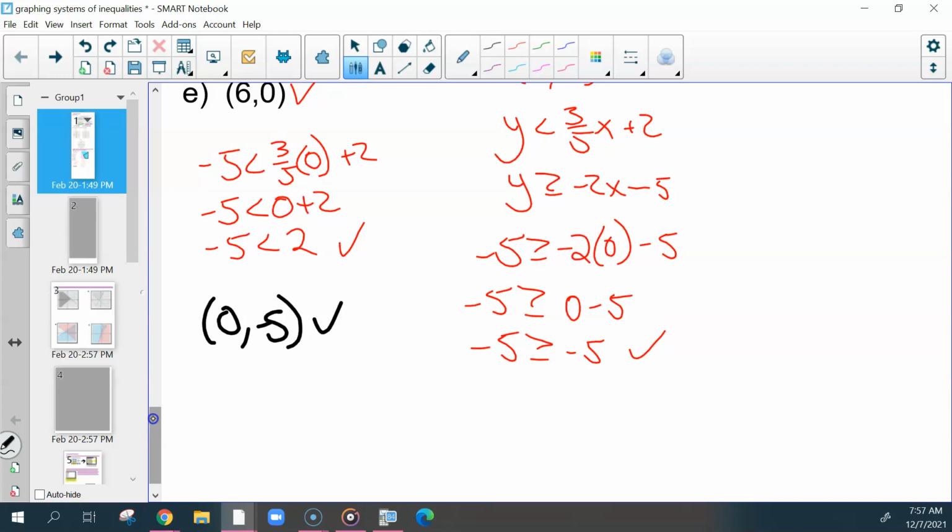So just always check it. If you have two solid lines, you really have nothing to worry about. It's going to be a solution. But if at least one of them is dashed, check it. Do you have any questions on this part?